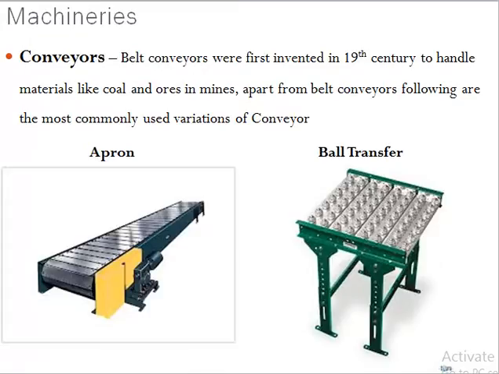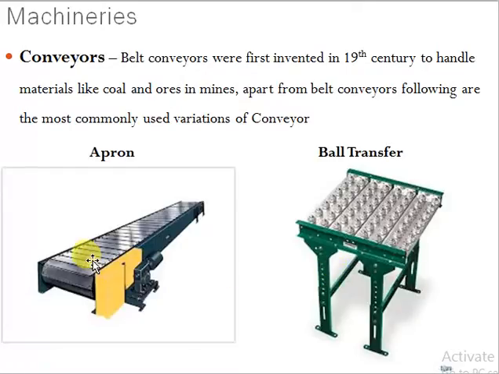Originally, conveyor belts were invented in the 19th century to handle materials like coal and ores from various mines. Apart from belt conveyors, following are the most commonly used variations of a conveyor.